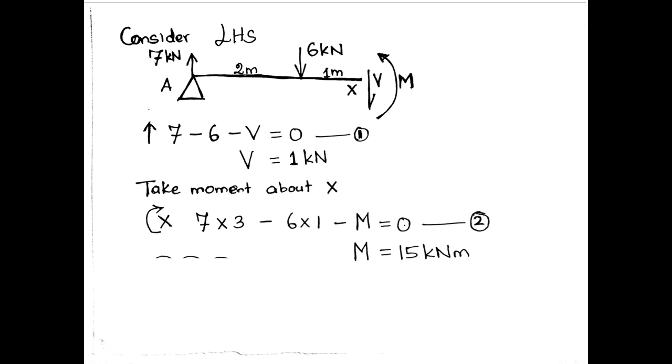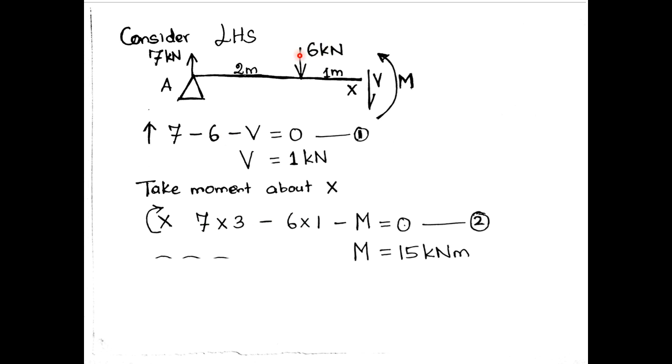Next equilibrium equation. Take moment about X equal to 0. Take moment 7 into 3. We consider clockwise moment as positive. 7 into 3 is 21. This moment about X, 7 into 3 meter, is clockwise, therefore 7 into 3 is positive. Minus 6 into 1.